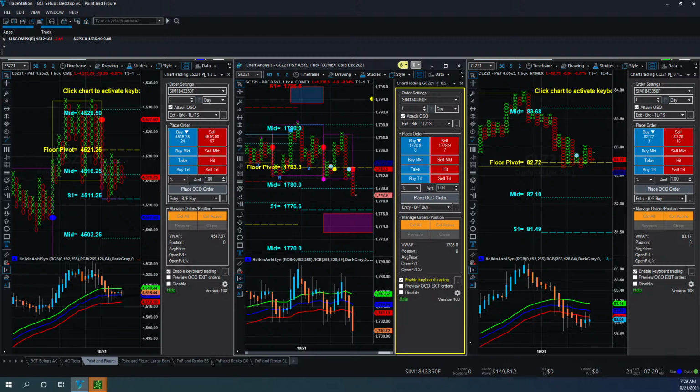It's visiting, on the 30 minutes, the 200 moving average. Just trying to break through. Let's look at that.